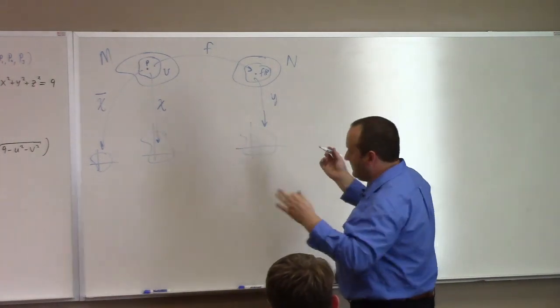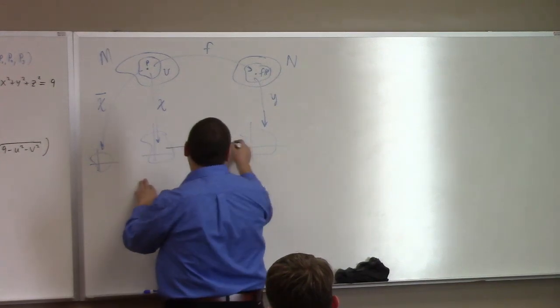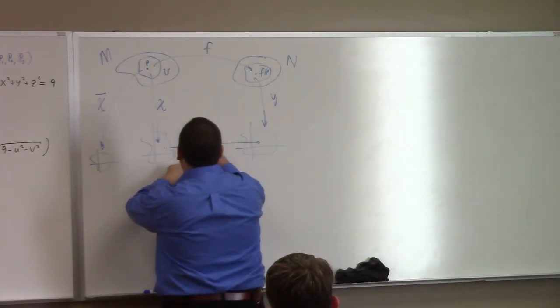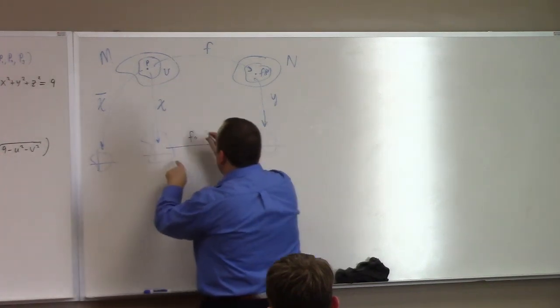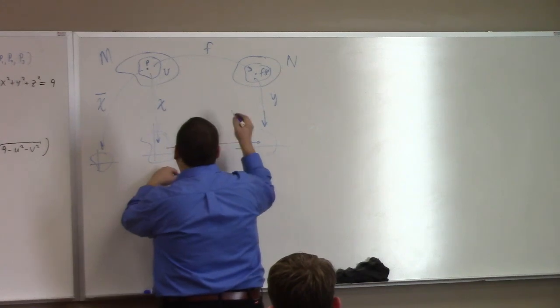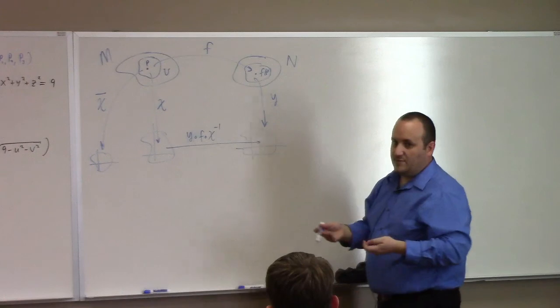And anyway, suppose, like you were saying, Sam, that there exists, let's see, this one would be Y composed with F composed with chi inverse. So suppose that's smooth.